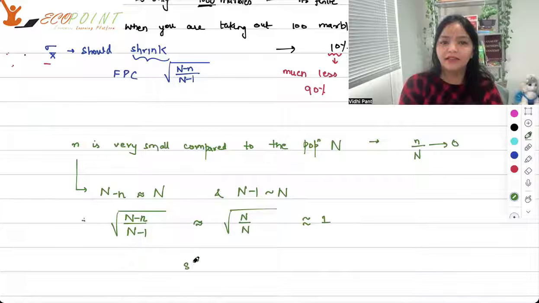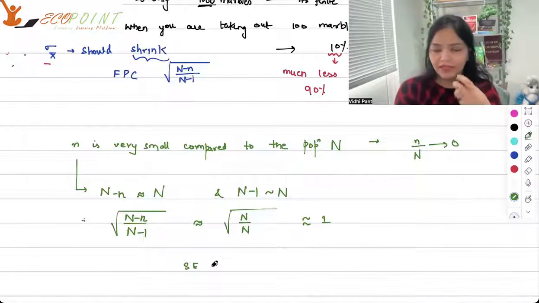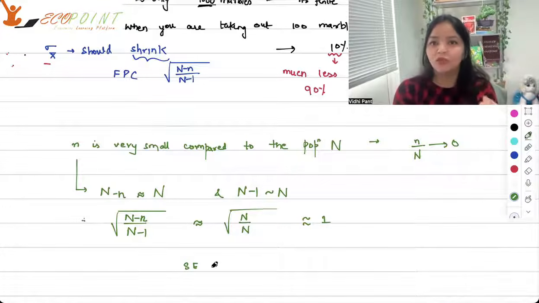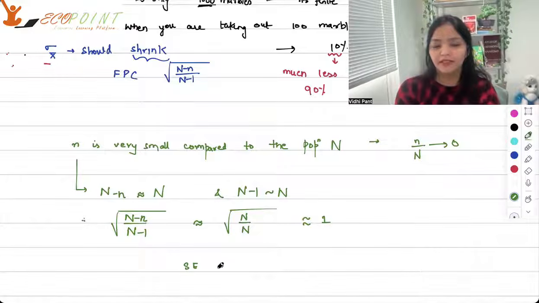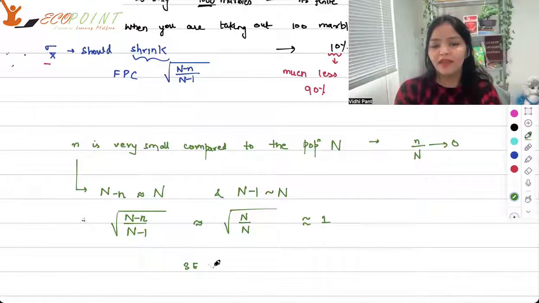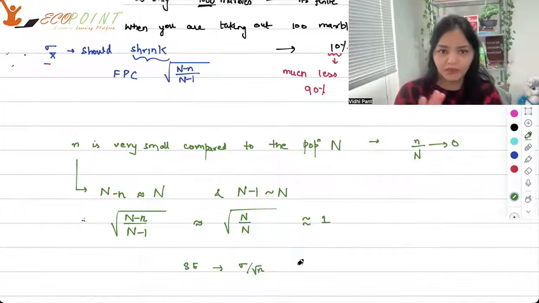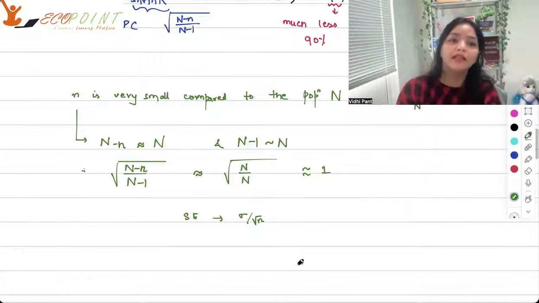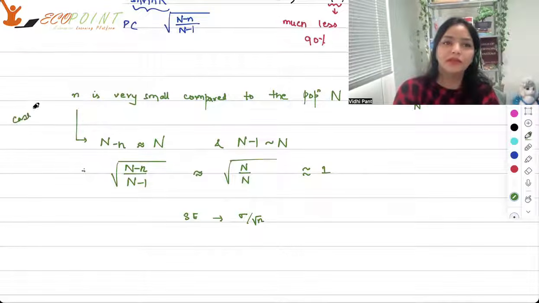So the standard error, or the standard deviation of your sample, is the same as sigma upon root n, the same as the infinite population case. Okay. Now, this was one case.